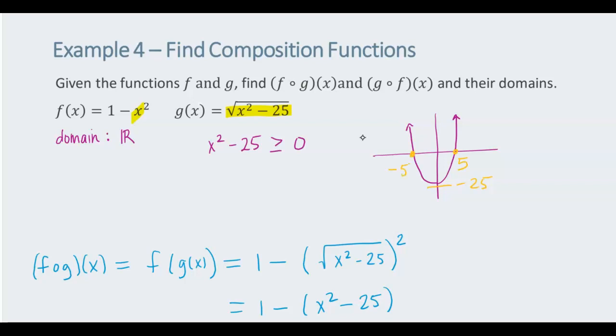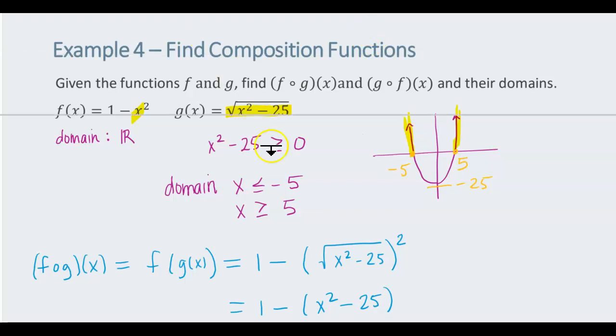So I want to know what parts of the graph are positive. Well, the positive parts of the graph come over here, and they come over here. So the domain here is that x is either going to be less than or equal to negative 5, or x is going to be greater than or equal to positive 5. Those are the places where the graph ends up being positive.